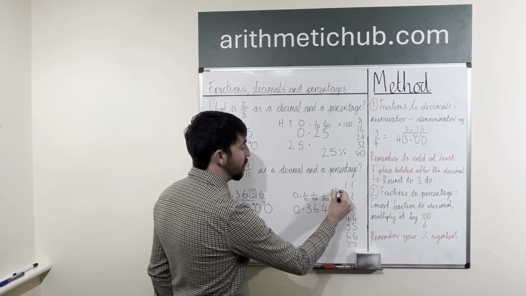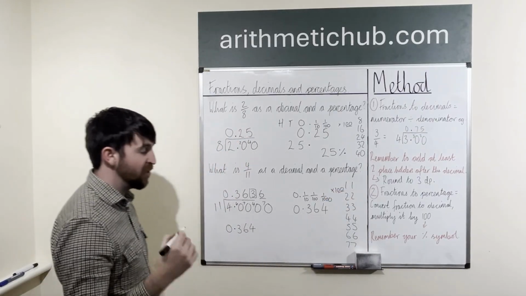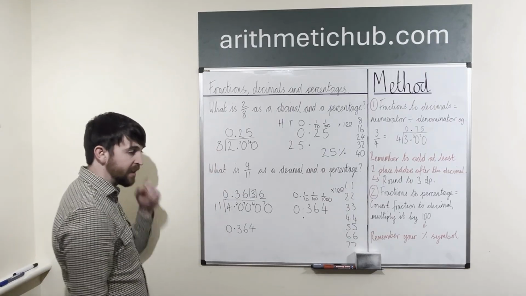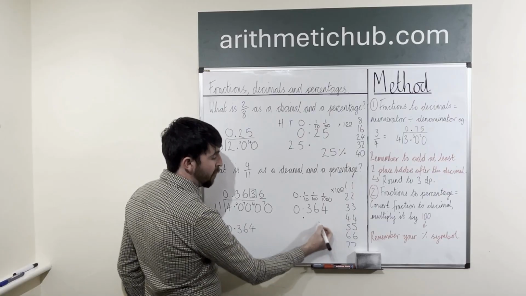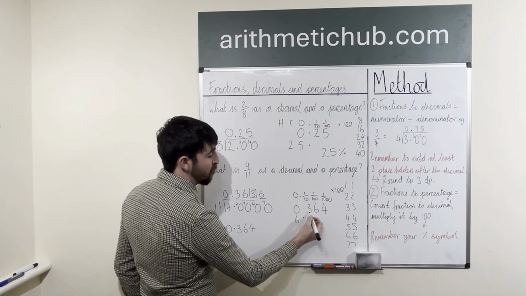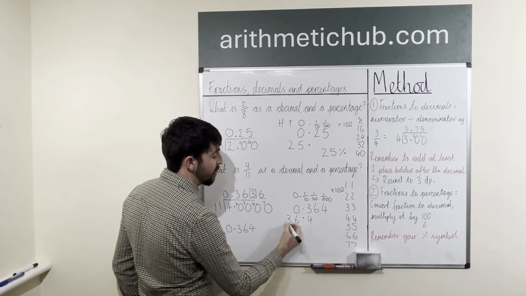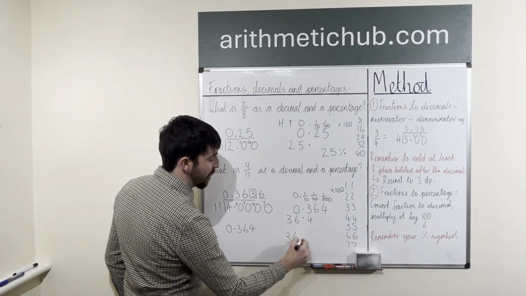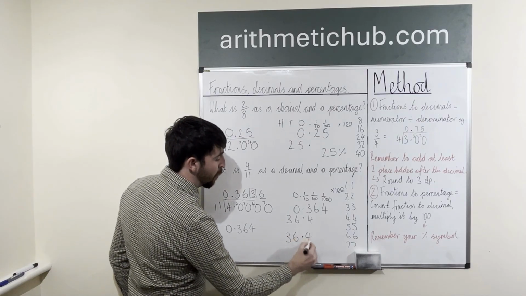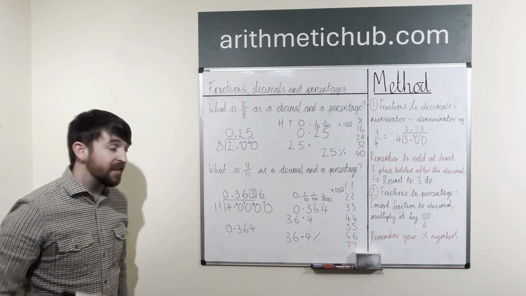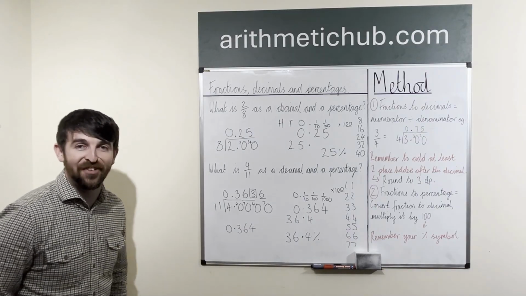Multiplying by 100, 2 zeros in the question, so I'm going to move it 2 places. It's multiplication, so it's going to the left and it's getting bigger. Drop my 4 down, move it once, twice. Drop my 6 down, move it once, twice. Drop my 3 down, move it once, twice, to give me 36.4. So as a percentage, that's going to be 36.4%.